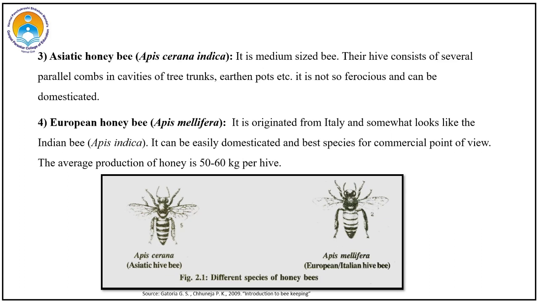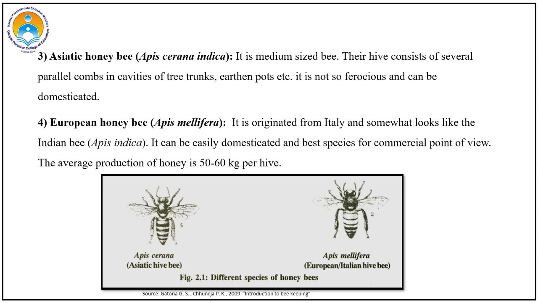Now third bee is Asiatic honeybee, and the scientific name of this bee is Apis cerana indica. It is medium-sized bee, and their hive consists of several parallel combs in the cavities of tree trunks, earthen pots, etc. It is not so furious and can be domesticated. European honeybee, that is Apis mellifera, is the fourth type.